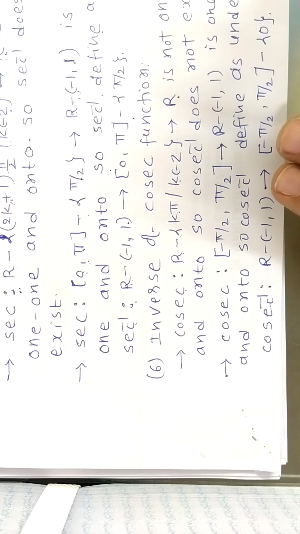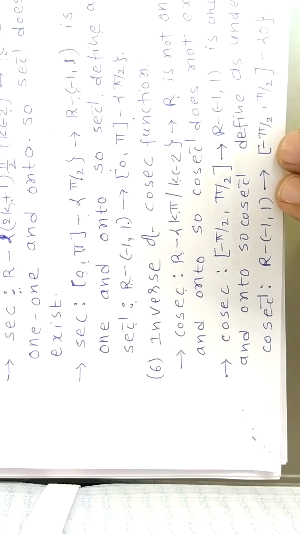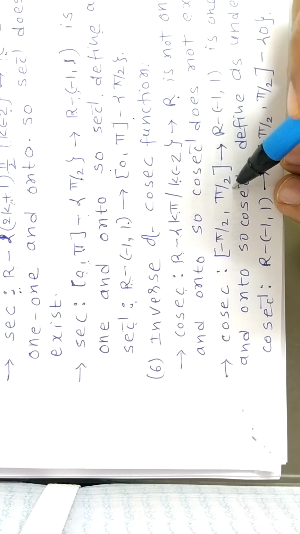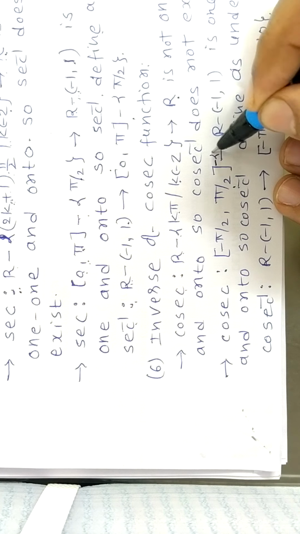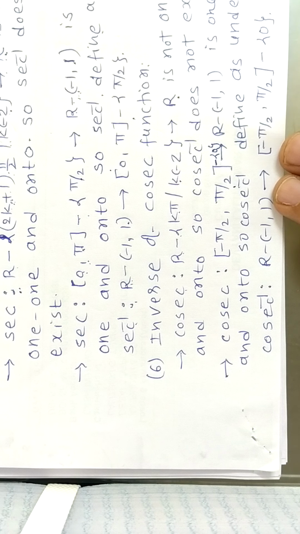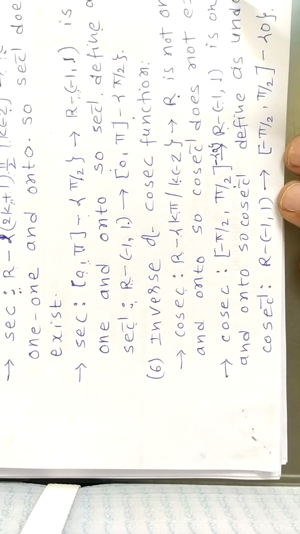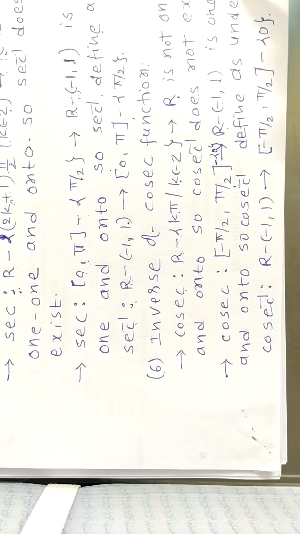If we want to find the inverse of cosec function, we have to restrict its domain, and the new domain is minus pi by 2 to plus pi by 2 minus 0, and codomain is R minus minus 1 to plus 1. So this function becomes 1-1 and onto on their new domains.